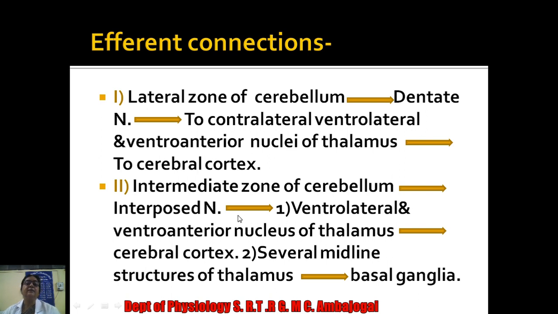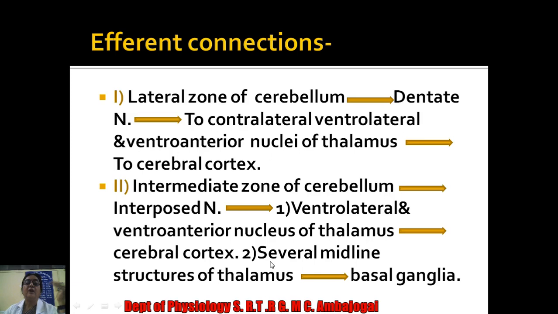From the interposed nucleus, these signals go to various components. First, to the ventrolateral and ventroanterior nuclei of the thalamus. Then again it gives the information to the cerebral cortex.